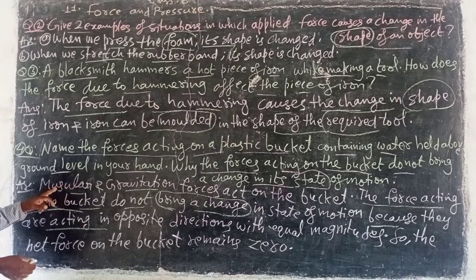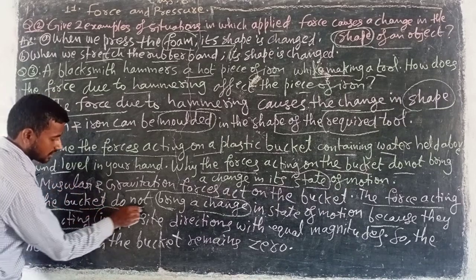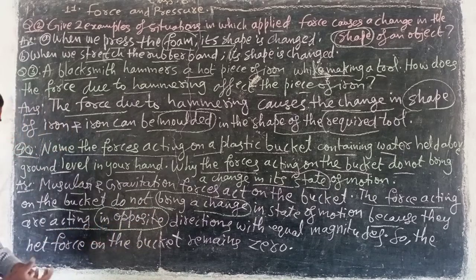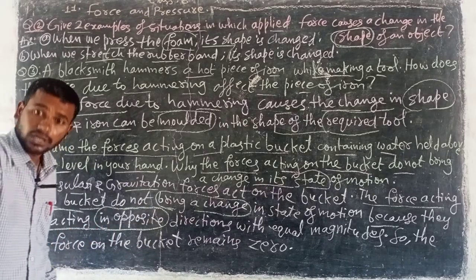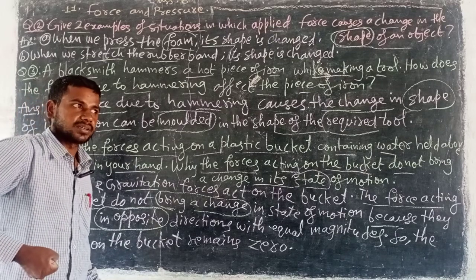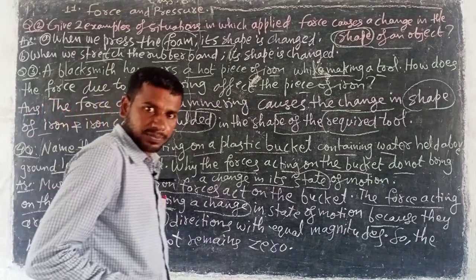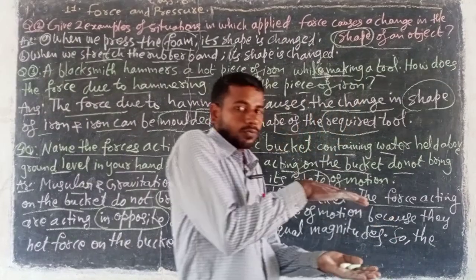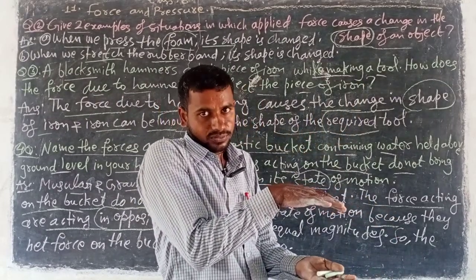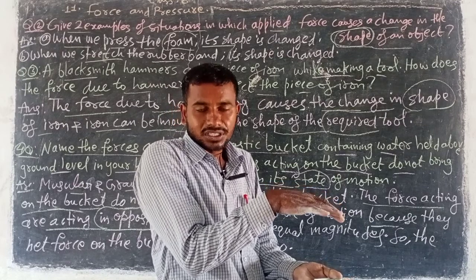Gravitational force pulls downward, muscular force lifts upward. Then the resultant force is zero.